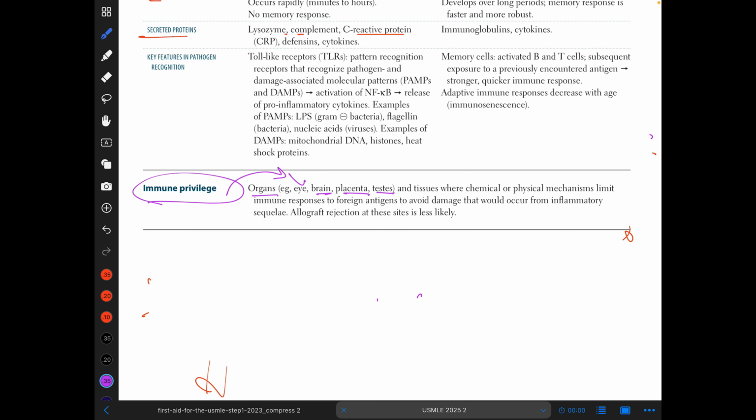These chemical and physical mechanisms limit the immune response to foreign antigen to avoid damage from inflammatory sequence. Due to immune privilege, these organs, eye, brain, placenta, or testes, have less risk of allograft rejection as compared to others, because they have less exposure to the immune system.